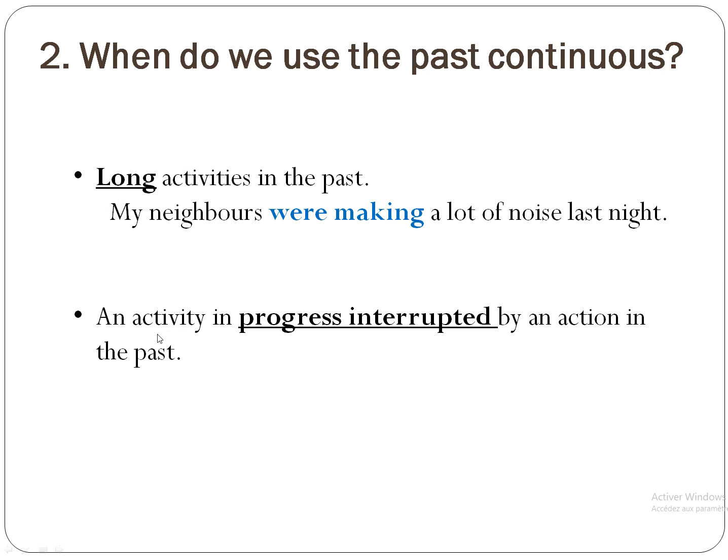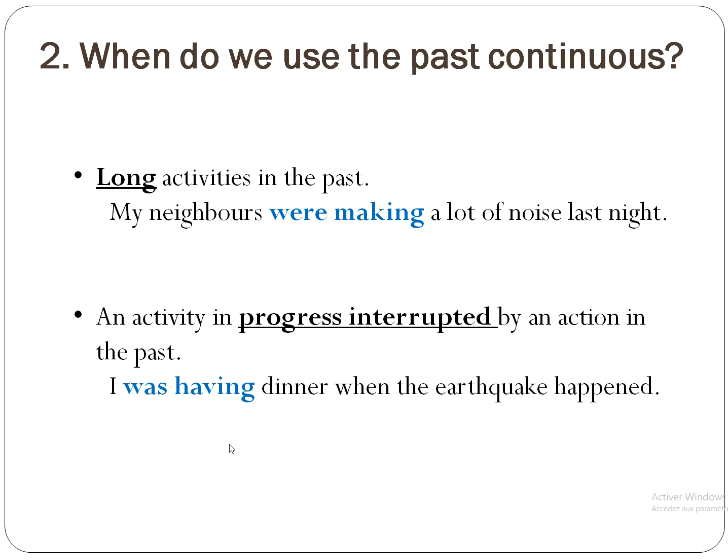Another use of the past continuous, we use it to express an activity in progress. So it was in progress, you were in the middle of the action, and the action was interrupted by an action in the past. Okay, example, I was having dinner.